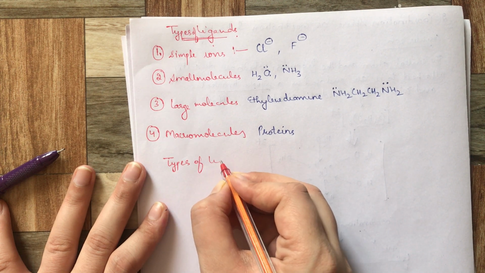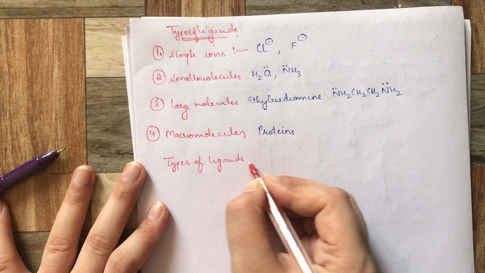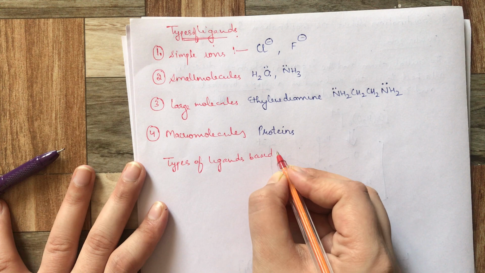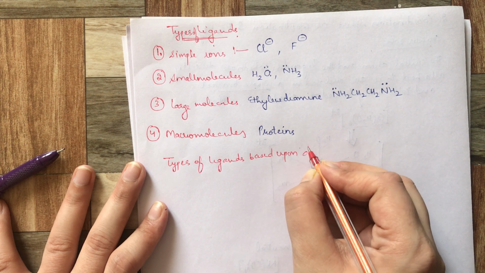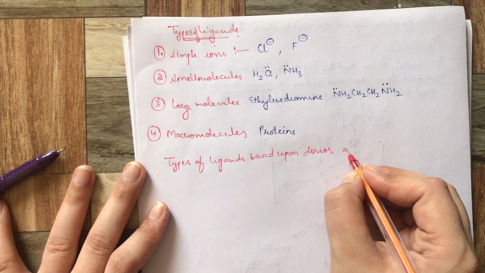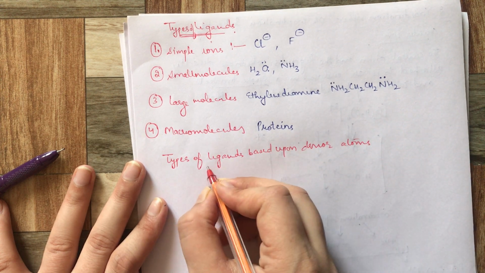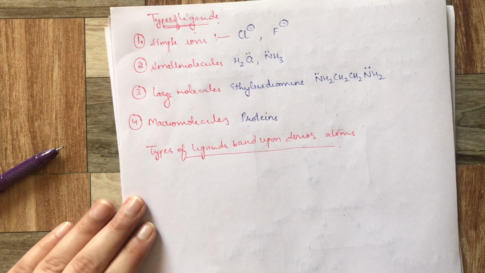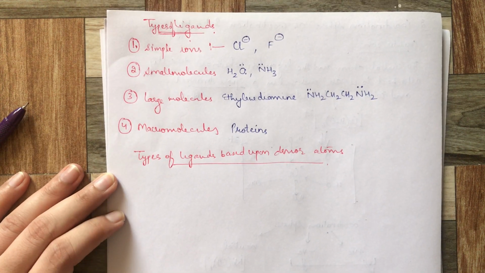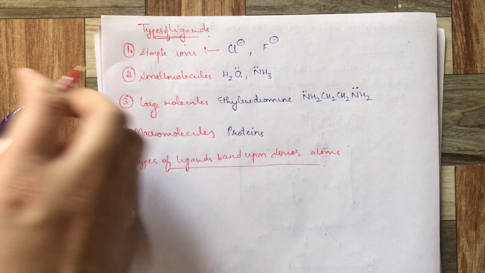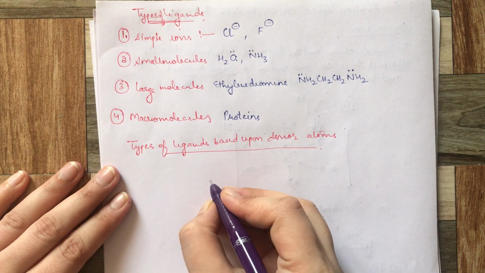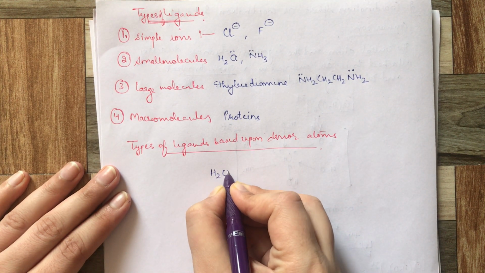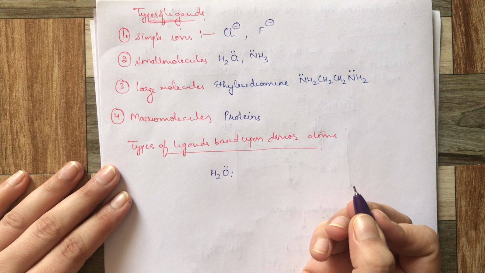Types of ligands based upon donor atoms. Number of donor atoms, right? When I'm talking about donor atom, water is a whole molecule, right?